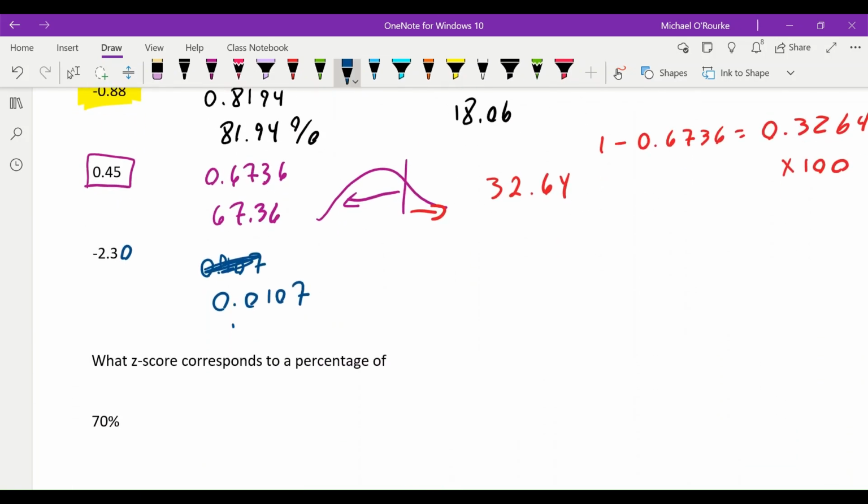So that is 1.07%. That would be below, and the above would be 98.93%. So in this case, let's say a z-score came out of the height of a person. That would mean this person is taller than 1% of the population and shorter than 98.93% of the population.